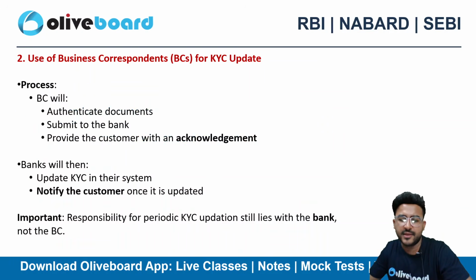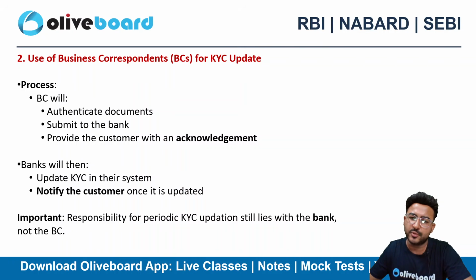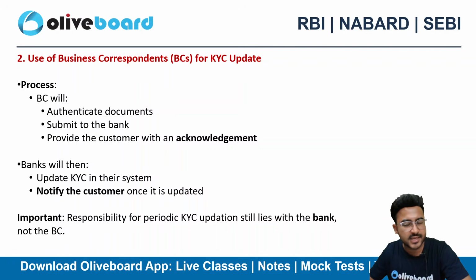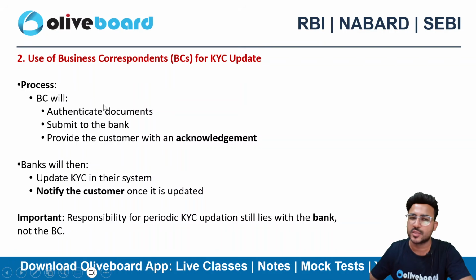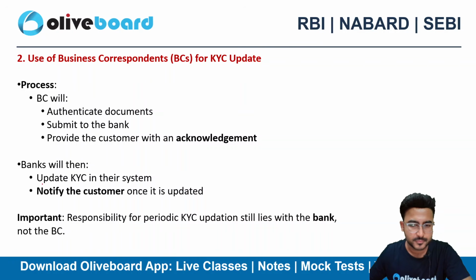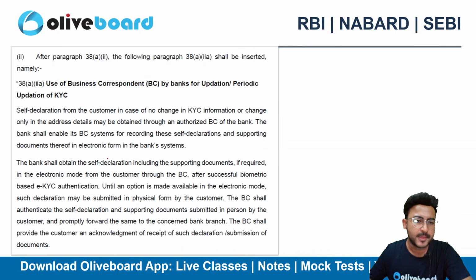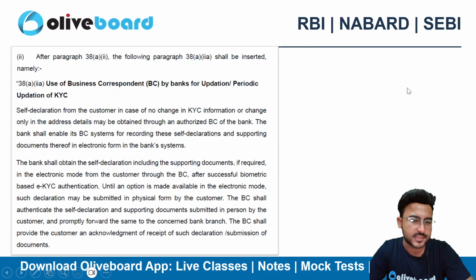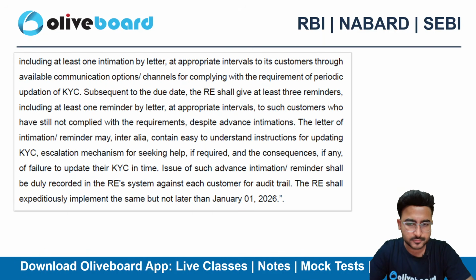If I don't have any kind of change in the KYC, I can just give a declaration. If there is an address change, then it can also be done via business correspondent, right? So it will definitely give a good amount of KYC relaxation to regulated entities and to the respective customers as well. Okay.